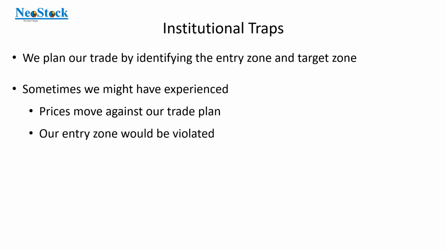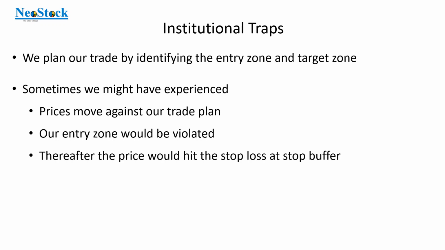And then your entry zone will be violated at your distal line. Below or above the distal line, depending on demand or supply zones, you will keep a stop buffer. And thereafter, the prices would hit the stop loss at the stop buffer. That means your trade is stopped out.